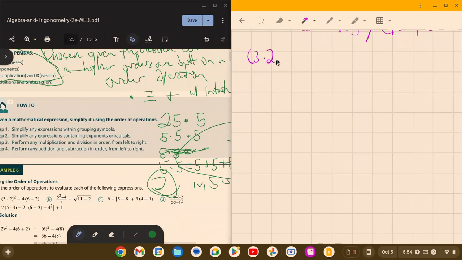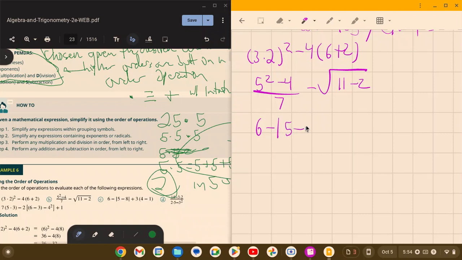3 times 2 squared minus 4, 6 plus 2. And then 5 squared minus 4 over 7 minus root 11 minus 2. 6 minus 8 plus 4 minus 1.